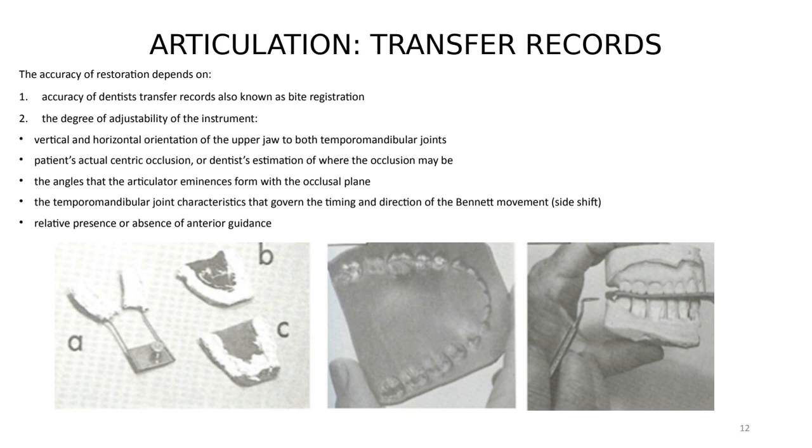The accuracy of the simulation depends on the accuracy of the dentist's transfer record and the degree of adjustability of the instrument. So this is very true. We can do the mounting accurately, exactly how the patient bites, and record all the movements of the patient's jaw based on what the doctor gives us.